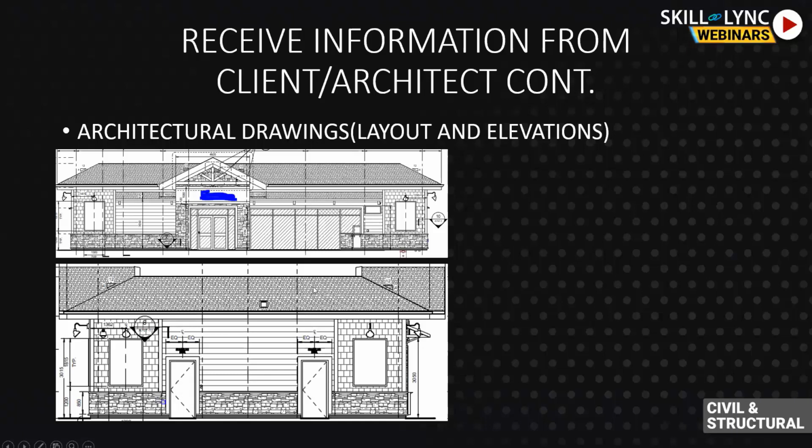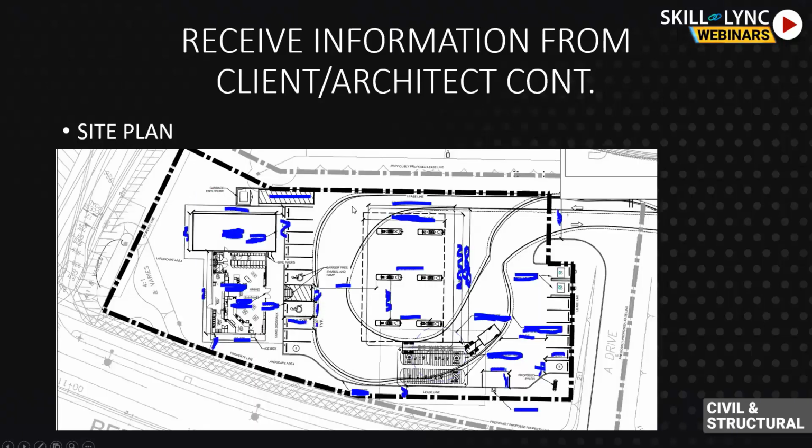If you put a column in the middle of the window, and you send that layout to your client saying, okay, this is the kind of framing we are planning to come up with, and there is a column sitting right in the middle of the window, you'll be creating a not so good first impression. So again, elevations are very important. You don't want to put a column somewhere in the middle of a door. So looking at the elevations is an important aspect for a structural engineer to begin with.